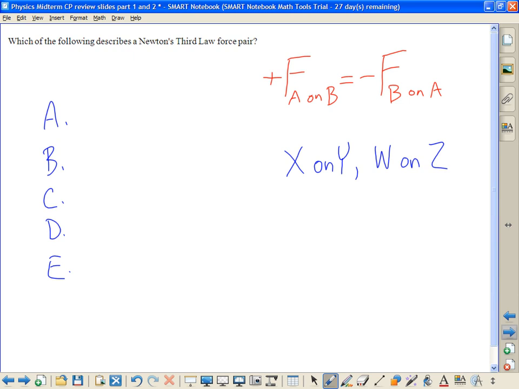Liz pulls on Madison, 10 newtons south. Those are equal and opposite forces, but they're not a Newton's third law force pair. What if it's x on y, which is equal and opposite to z on y? Nope. Doesn't matter if they're equal and opposite. It has to be x on y and y on x.